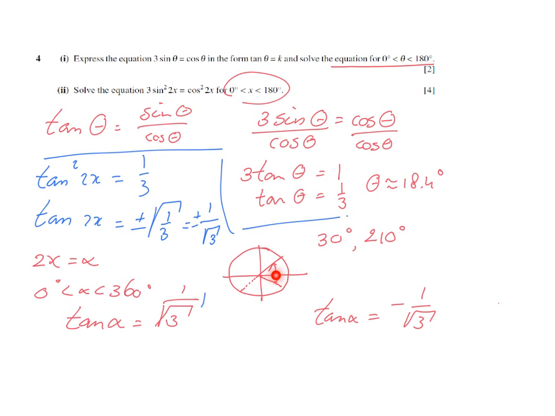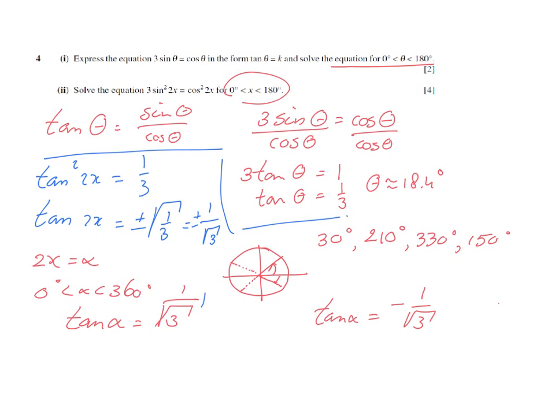That will be 360, a full turn, take away the 30, so that will be 330. So let me write that one down, 330. And then also you realize I have another value on the other side for the tangent, which is going to be 180 minus 30, which is 150 degrees. There you go. So those are your four values.